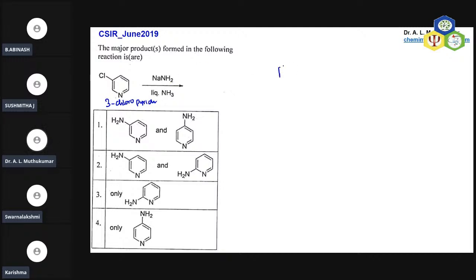I already explained this mechanism just before with you all. This is 3-chloropyridine. Now, when you treat with sodamide, what is happening? This Na plus and NH2 minus, this NH2 minus takes this acidic hydrogen atom, this electron will be moving over here, and this will be shifting, leading to the formation of 3-pyridine.